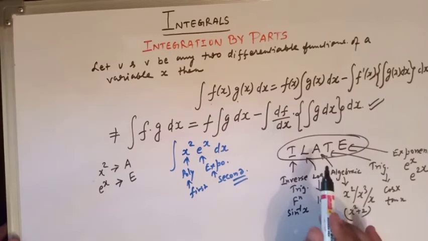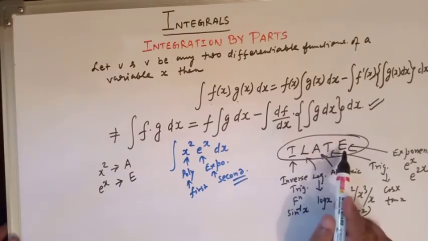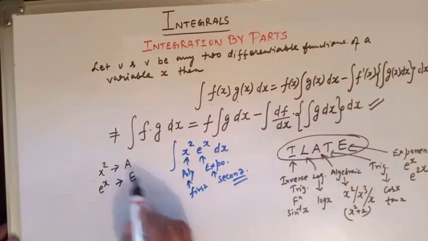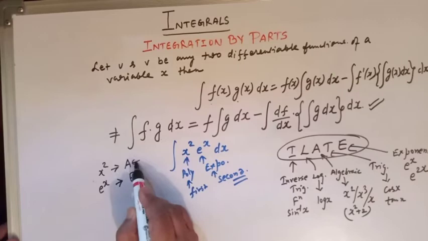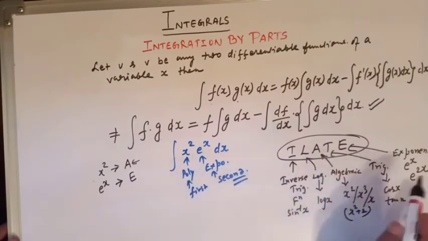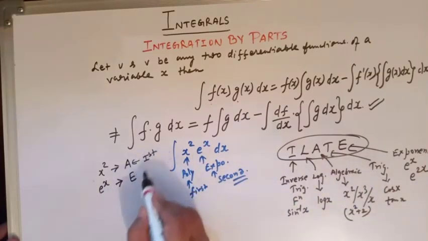So A comes first and E comes after A, therefore x square is to be treated as the first function and e raised to x, the exponential function, is to be treated as the second function.